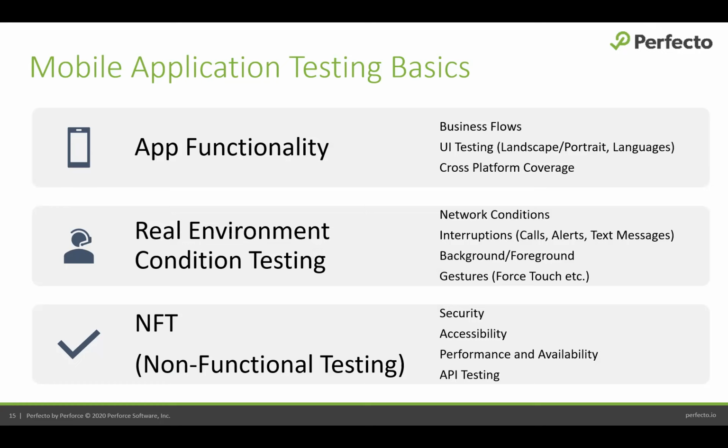Okay. The second layer is, our end users are using real devices. They're running the apps in real network conditions, and they are exposed to different interruptions like incoming calls, text messages, Wi-Fi to 3G, push notifications, security alerts, you name it, right?